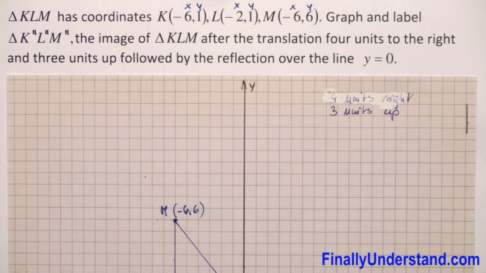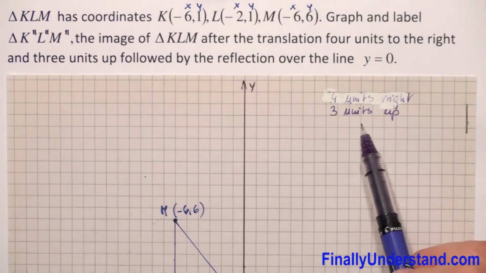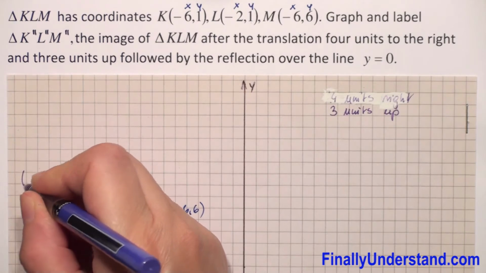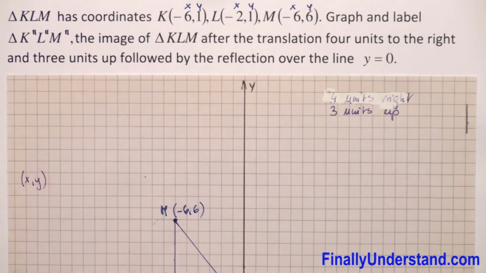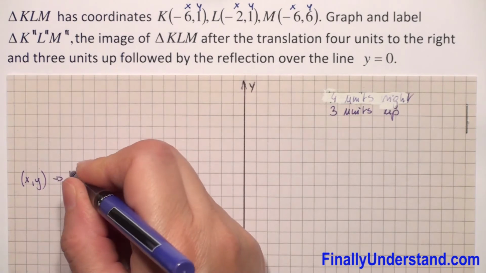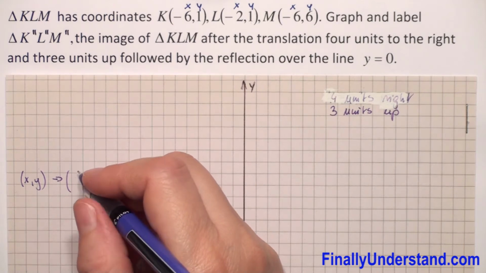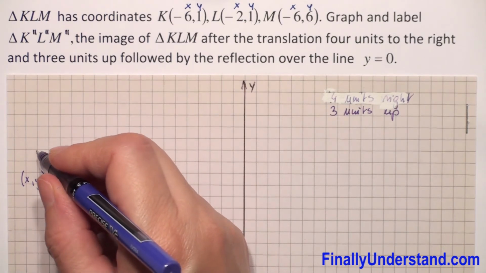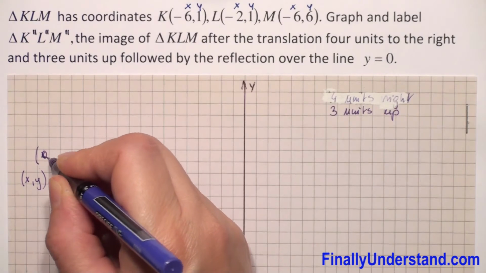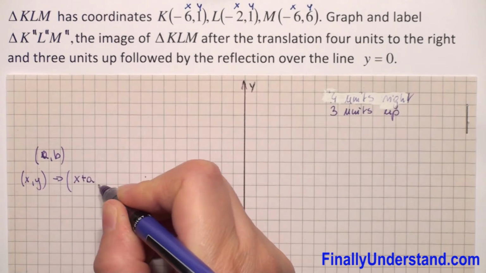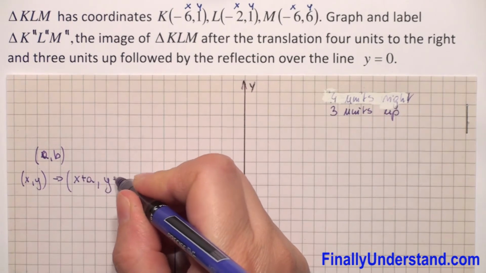Now we have to move our 3 characteristic points 4 units right and 3 units up. When we have a point with coordinates (x, y), for example, if we translate our point by vector (a, b), we have to add a to the first coordinate and b to the second.